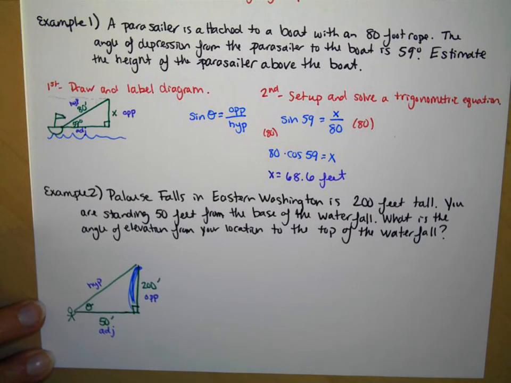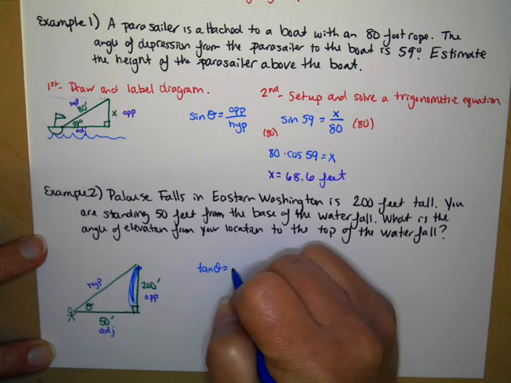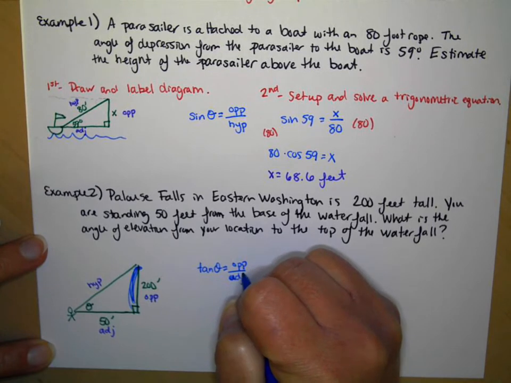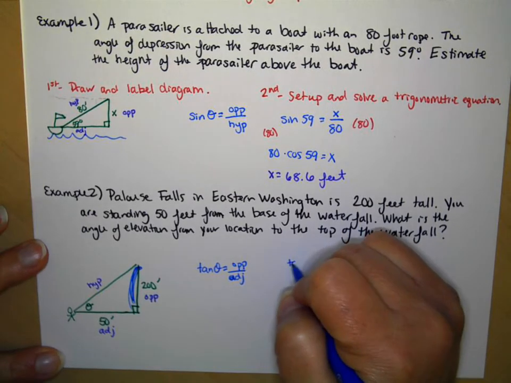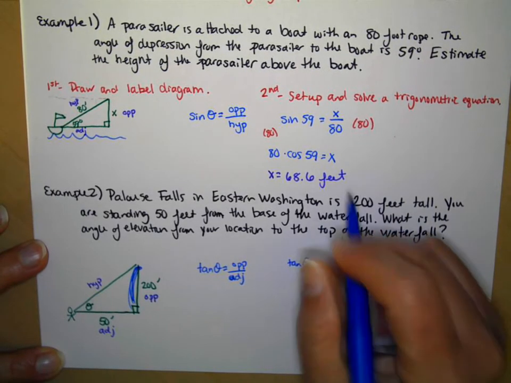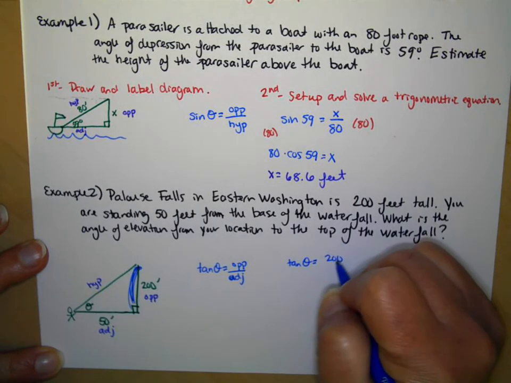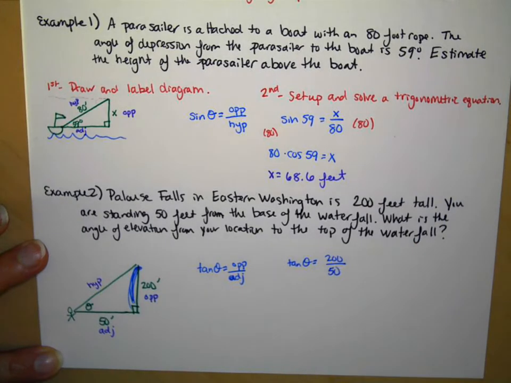Opposite and adjacent use tangent, TOA. So tangent of theta is equal to opposite over adjacent. So we can say the tangent of theta is equal to our opposite side, 200, over our adjacent side, which is 50.